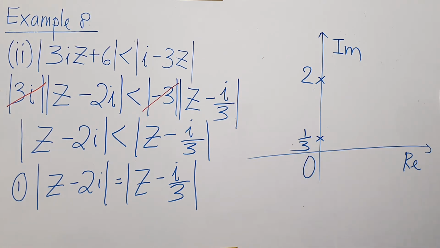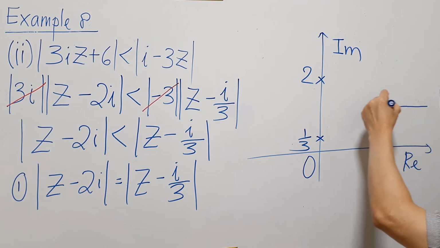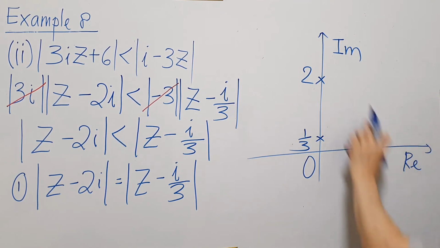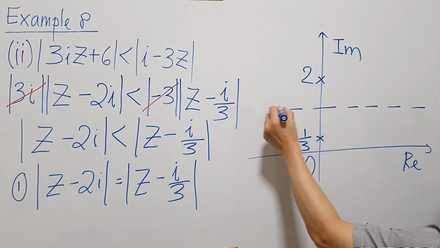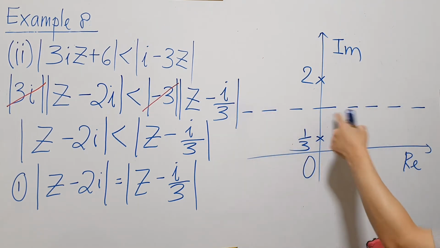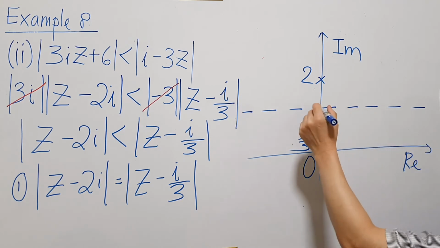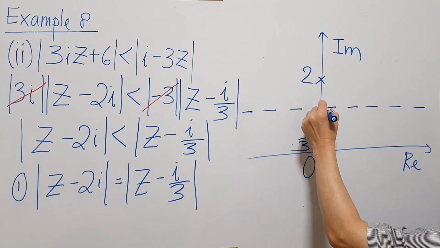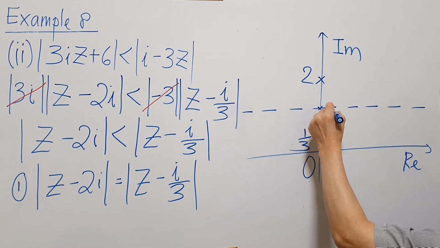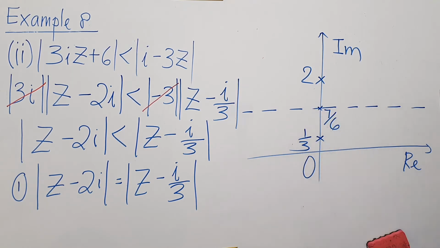Where is that perpendicular bisector between these 2 points? It is going to be a line like this. And this point is 7 over 6.